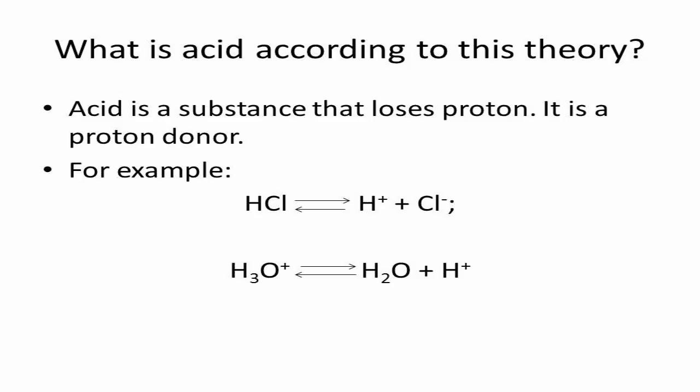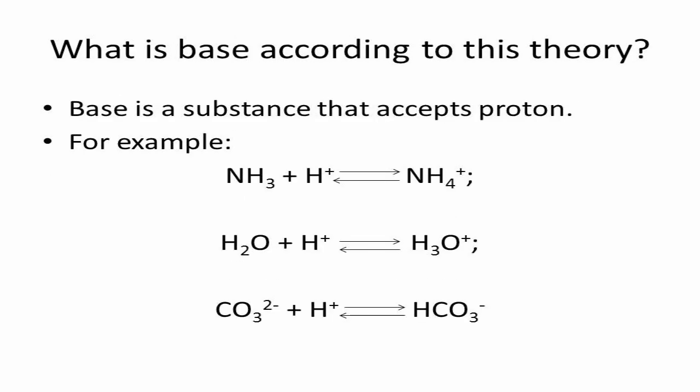It is a proton donor. For example, hydrochloric acid gives a proton and a negatively charged chloride ion. As an acid, we can take also a hydroxonium ion because it can break into water and a proton.